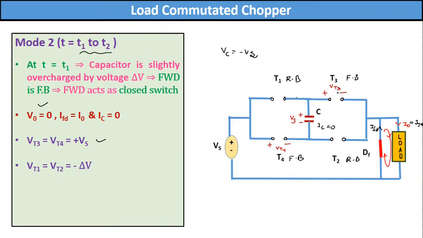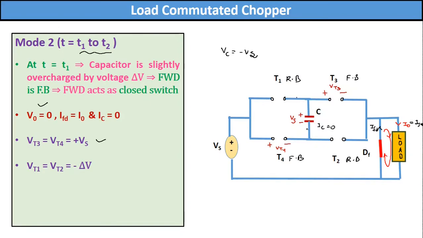We know the property of a thyristor that until and unless we give a trigger pulse, it will not conduct even if it is in the forward bias condition. So T3 and T4 will not conduct even though they are forward biased. They will act as open circuit because they will not conduct any current. So in this mode of operation, all the thyristors act as open circuit, as you can see in this diagram.